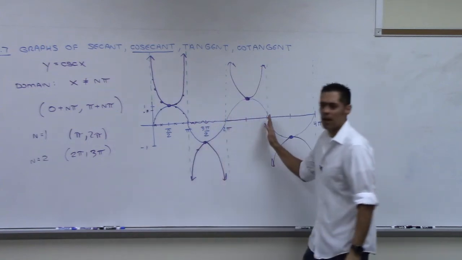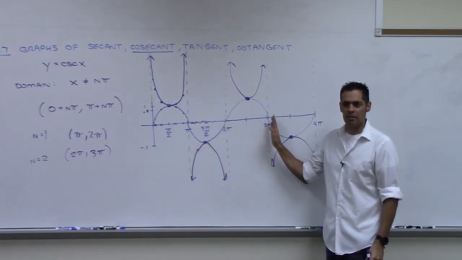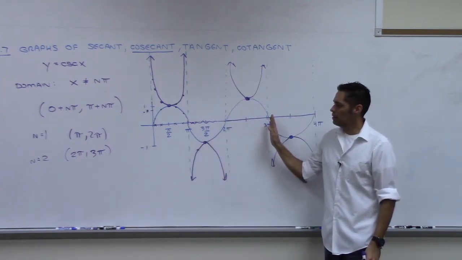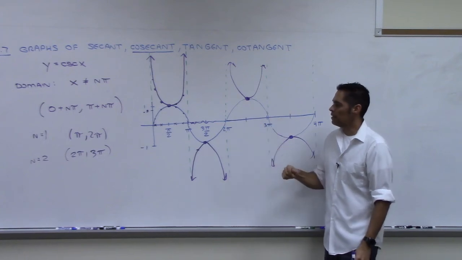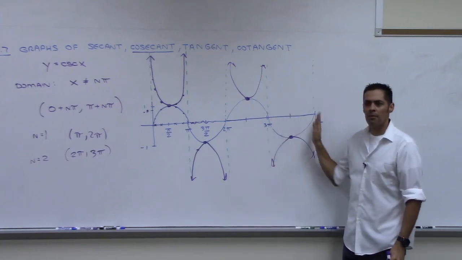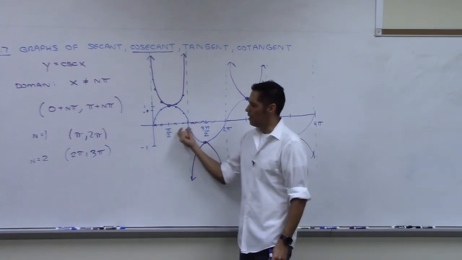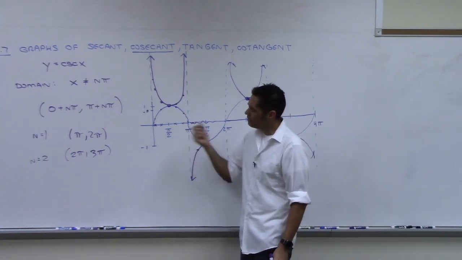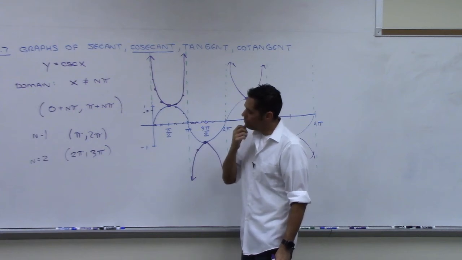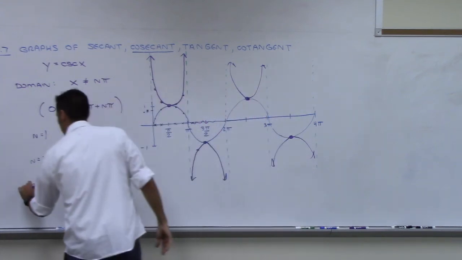Between 2 pi and 3 pi, is it good? Yes. And then what if I did n is 3? I would get 3 pi to 4 pi, wouldn't I? How about this interval, 0 to pi? How could I get that? Could I get that? What if n is 0?